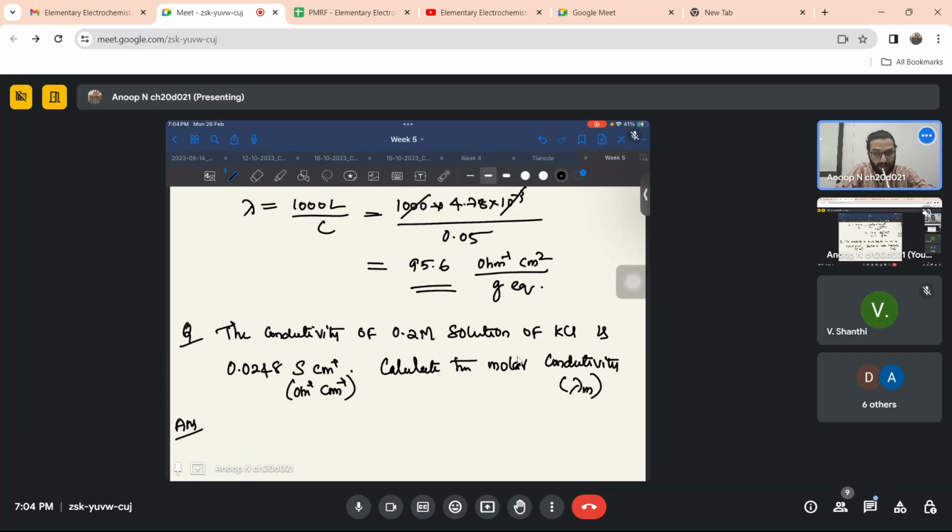But how can we solve it? What's the answer coming? What is lambda m?